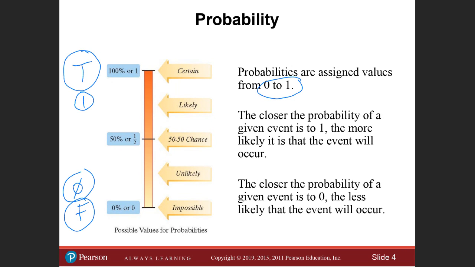So that's the binary equivalent for true and false. Now, probability has this middle part. So it means this one could be half true or half false. So it says 50% probability.